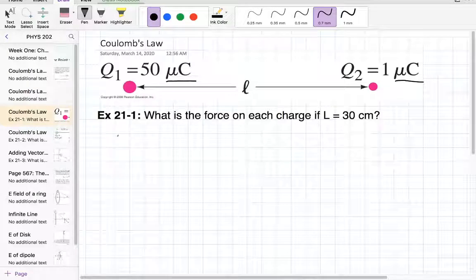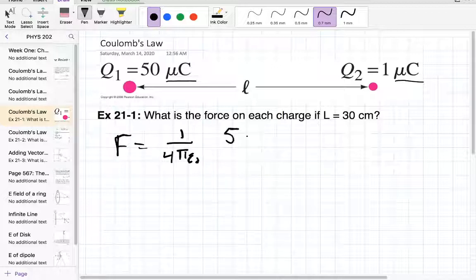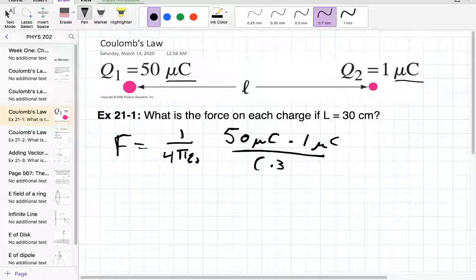Coulomb's law says the force on these two objects is going to be equal to 1 over 4 pi epsilon 0 times the charge of 1, 50 microcoulombs, times the charge of the other, 1 microcoulomb, divided by the distance between them, which is 0.3 meters, 30 centimeters.